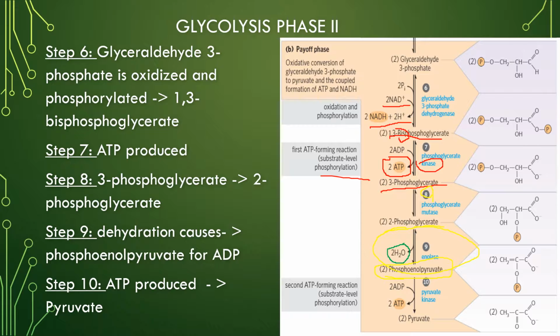Okay, now we're down to our second and last ATP step, step 10, where our 2 ADP are going to be made into 2 more ATP through pyruvate kinase, and our phosphoenolpyruvate is transferred into just 2 pyruvate through phosphorylation.